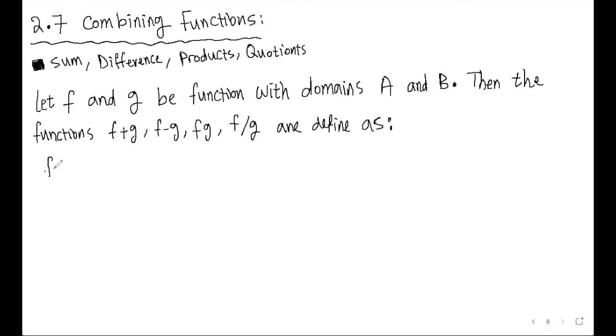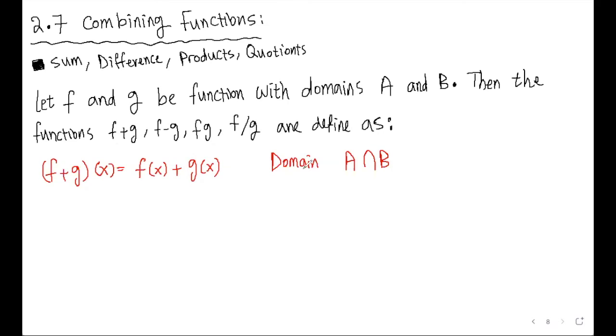So f plus g of x is equal to f of x plus g of x. Here the domain would be the intersection between both domains of the first two functions.